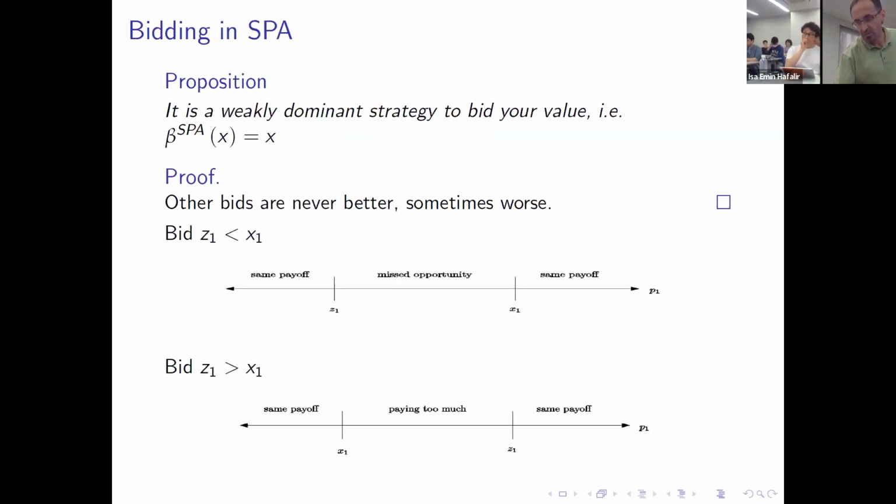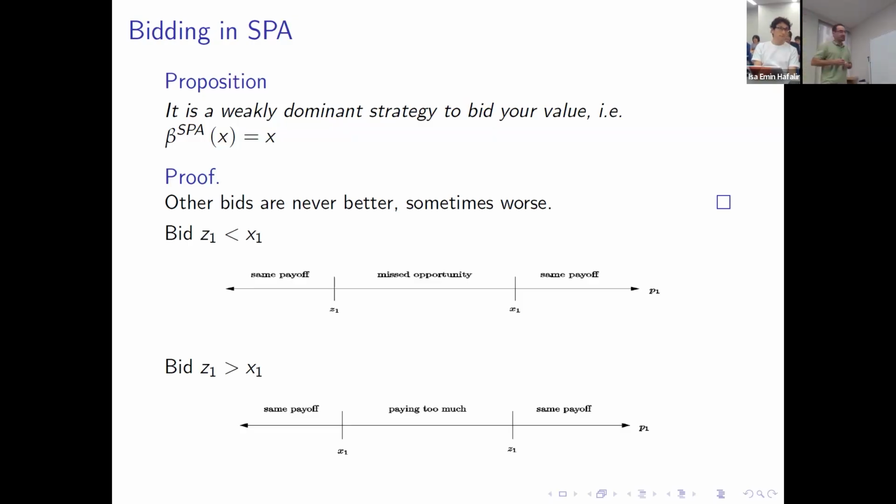Before that, let me also write. I will come back to this, but in a second price auction, the main result of the first class is going to be something like the revenue equivalence theorem that most of you may know, but in that one we are interested in interim and ex ante expected payments.